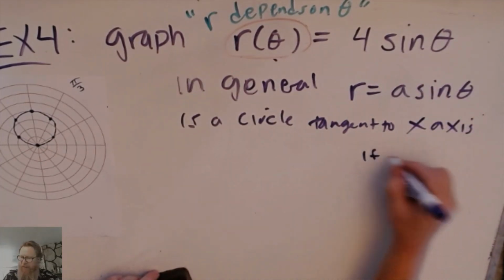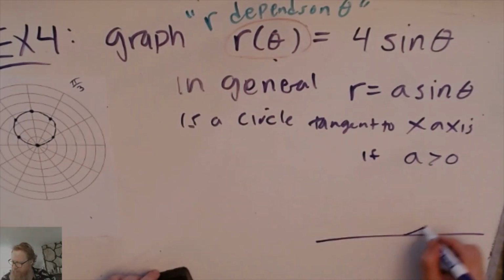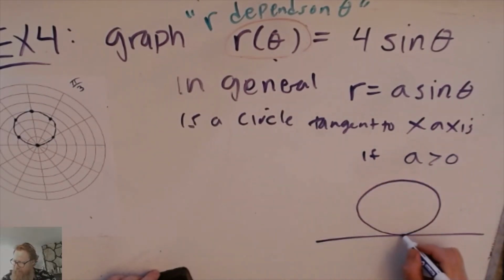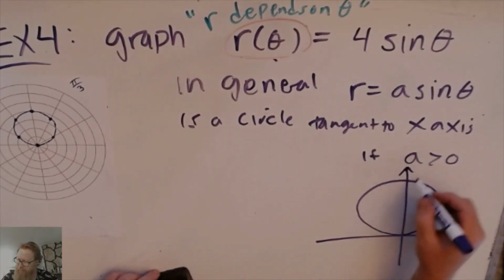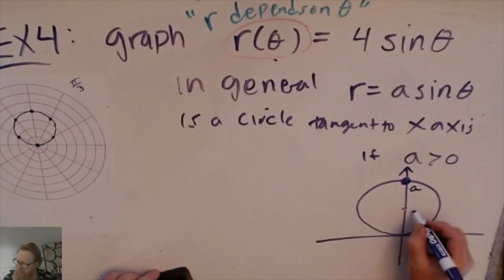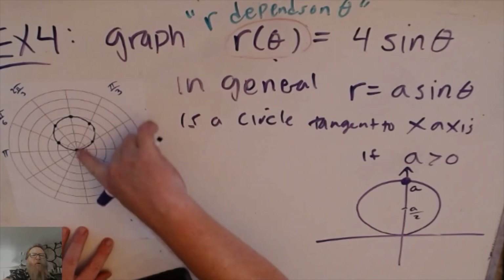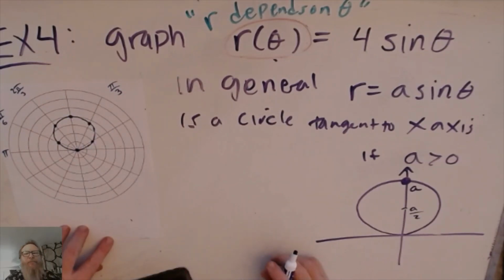And so if A is greater than 0, then the circle looks like this. And this would be the point A. The center would be A over 2. Although notice in polar form, you don't even plot the center.